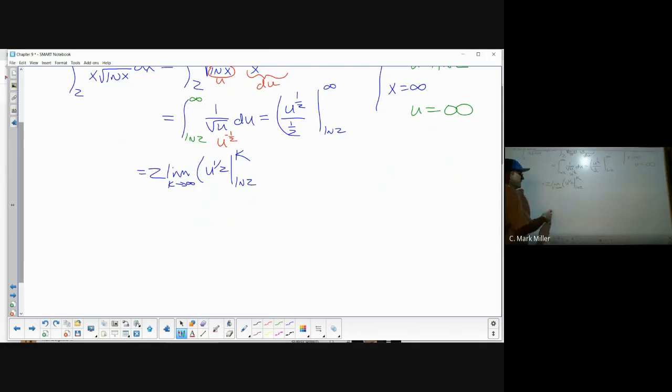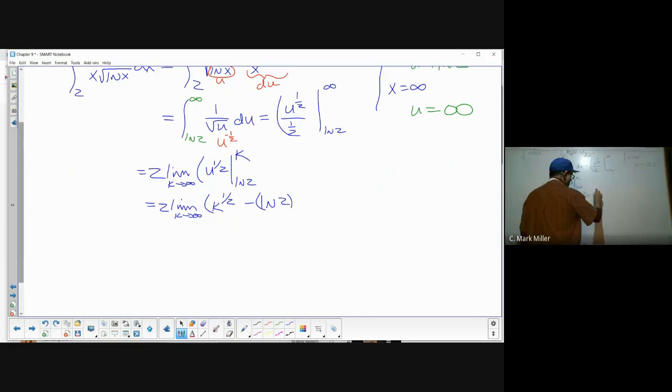Log 2 is just a number. That's 2 times the limit as k goes to infinity of k to the 1/2 minus log 2 to the 1/2. That is infinite.